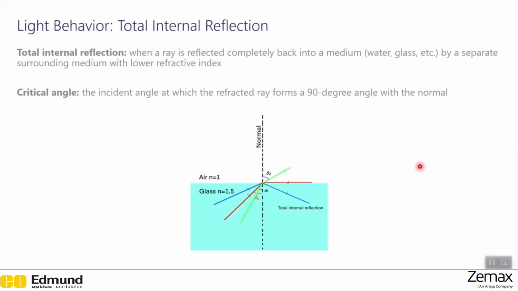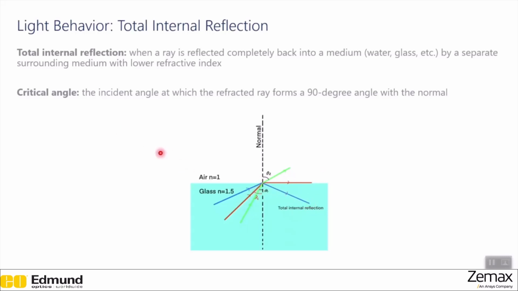So if we take a look at the image down below, the total internal reflection is demonstrated by this blue line. As we can see, the blue line approaches the normal, but because of this incident angle, which is a specific value for this case, instead of coming out into the air, it will actually be reflected immediately back into the glass.